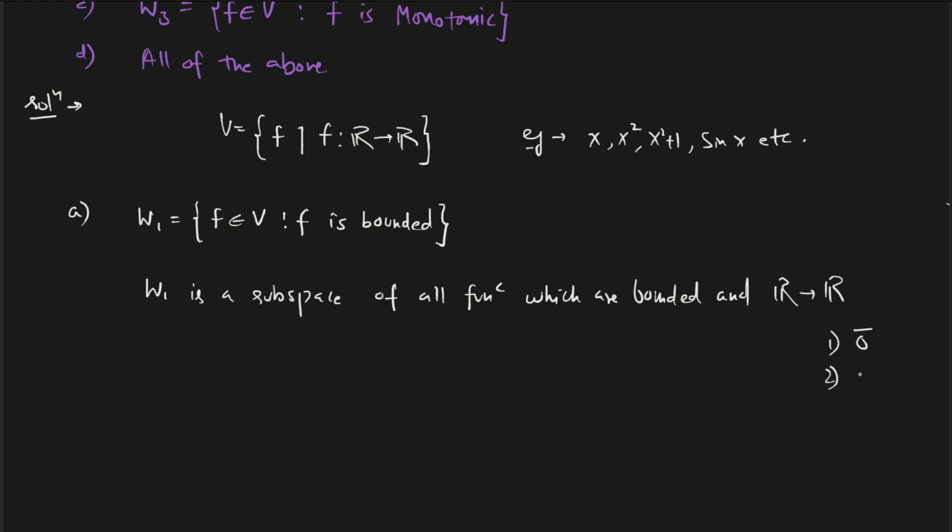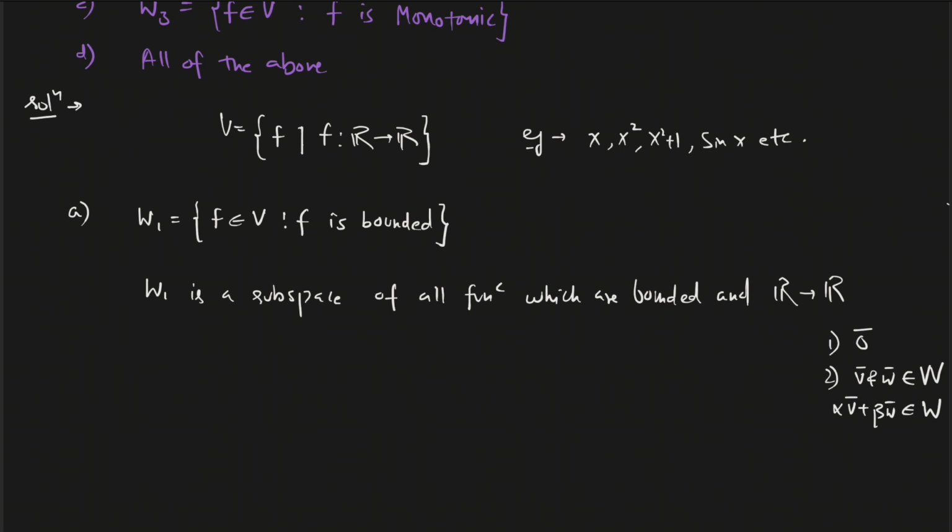The second thing we need to check is that if vectors v and w belong to the subspace W, then their linear combination, that is alpha times v plus beta times w, should also belong to the subspace W. That is, this closure property should be satisfied.